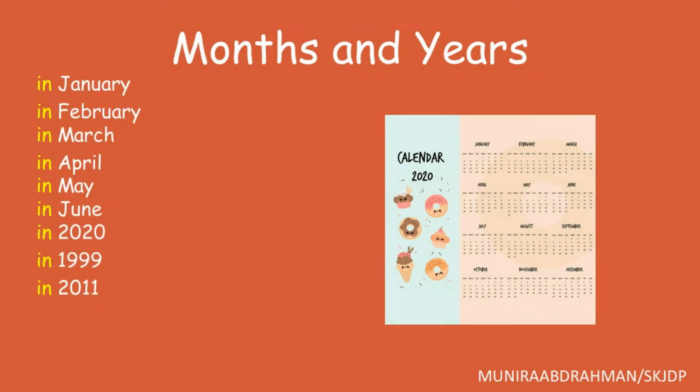So for this one, we have to add the word in before the months and years in sentences. For example, in January, in February, in March, in April, in May, in June, and for years in 2020, in the year 1999, in 2011.